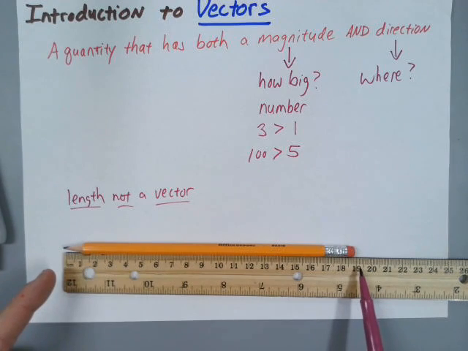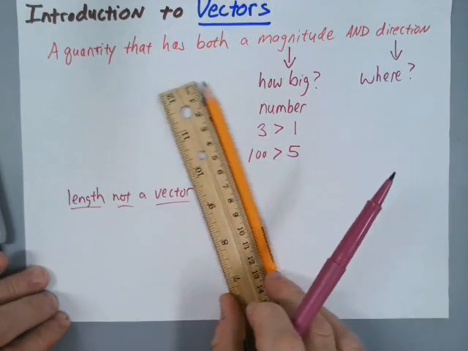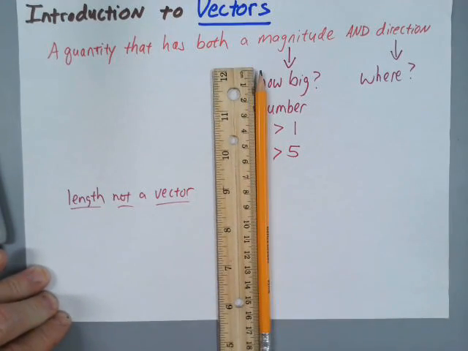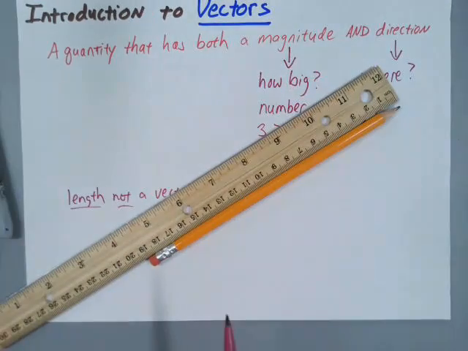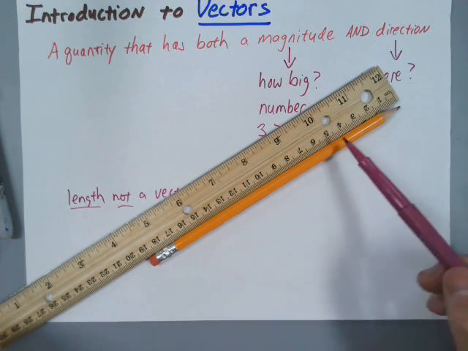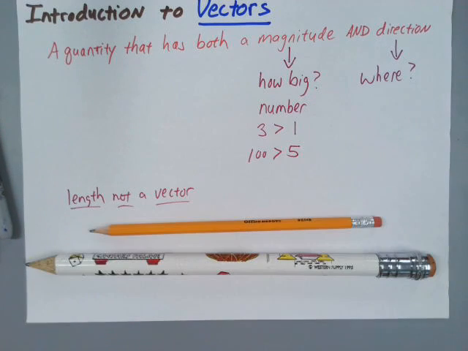This pencil is about 19 centimeters long, but it's 19 centimeters long right now going this direction. It's still 19 centimeters long in that direction or in that direction. You don't need to describe which way the pencil is oriented in order to measure the length of that pencil. Therefore, the length is a measurement that is not a vector.